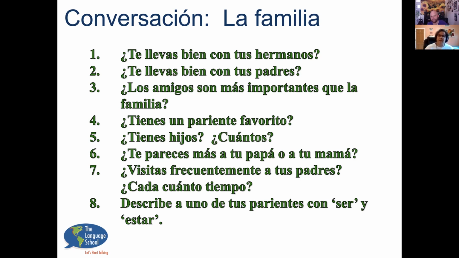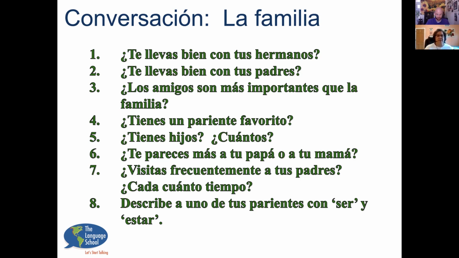¿Te pareces más a tu papá o a tu mamá? Pareces, like, do I look more like? Yeah, good. Me parezo. Me parezco. This one's irregular. Me parezco más a mi papá. ¿Visitas frecuentemente a tus padres?